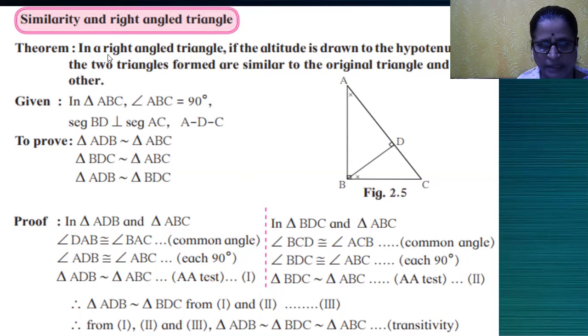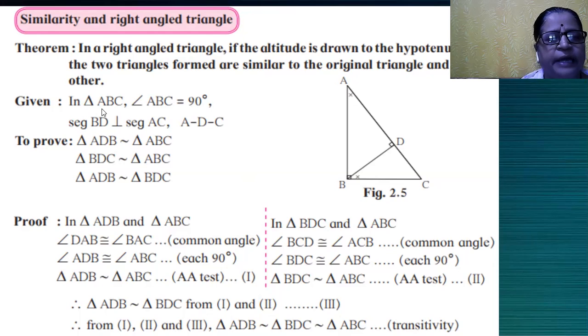The theorem is that in a right angle triangle, if the altitude is drawn to the hypotenuse, then the two triangles formed are similar to the original triangle and to each other. Means this ABC triangle, then ADB triangle and BDC triangle. These three we are going to prove similar.